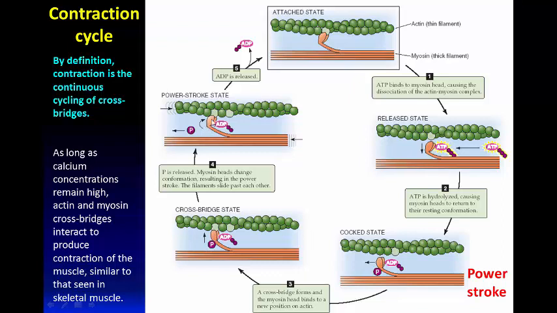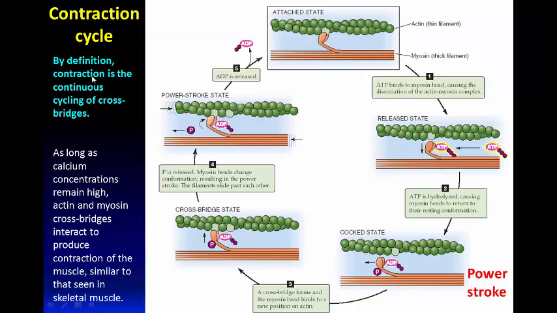Now this is the conformation when the inorganic phosphate is released. When the myosin heads change their conformation, this results in the power stroke, and the filaments slide past each other. Then lastly, adenosine diphosphate is released, and the contraction cycle and the power stroke cycle is repeated again.